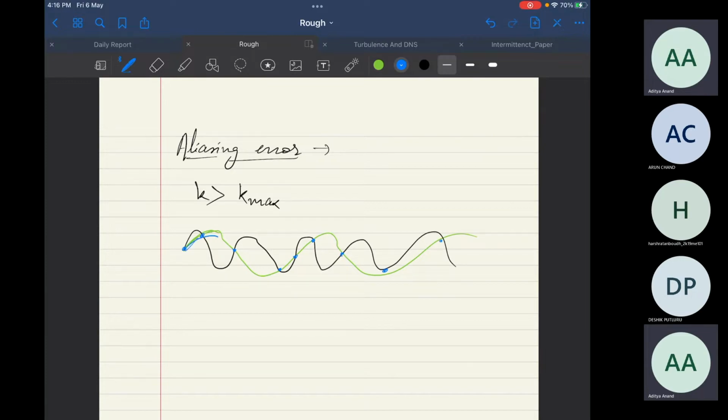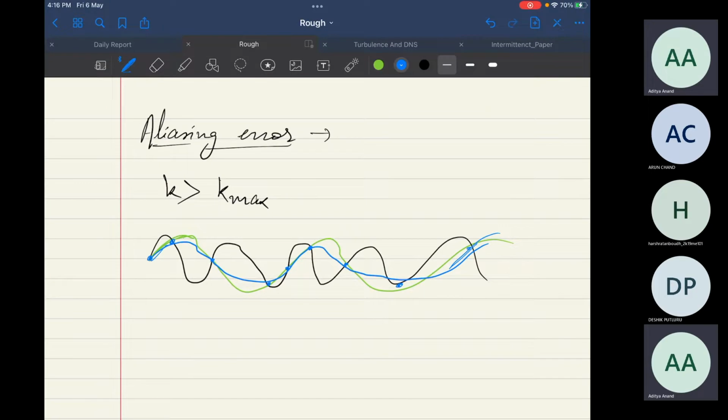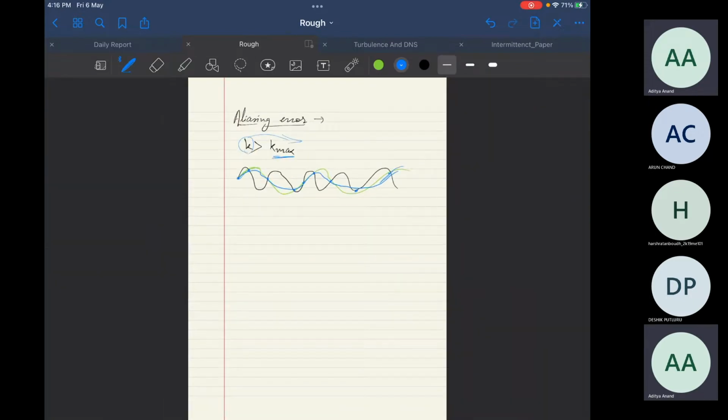It will appear as a wave of a lower frequency. So when you're unable to resolve all the wave numbers, if there are wave numbers higher than your resolution present in the flow, then you will see these aliasing errors. Okay, so these are the three kinds of errors that are present here.